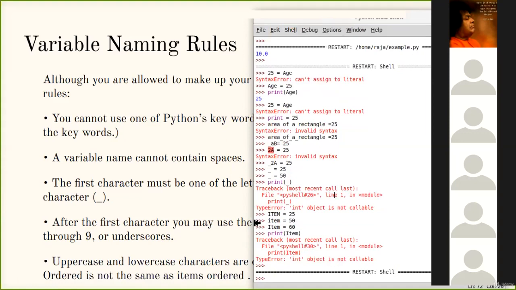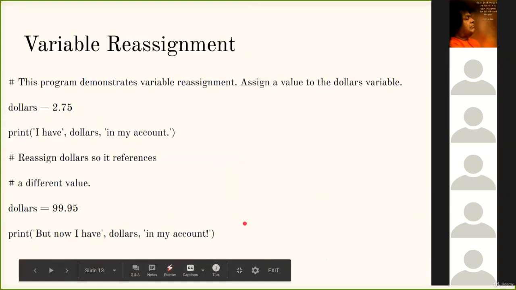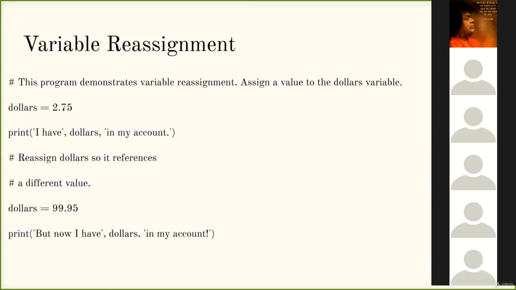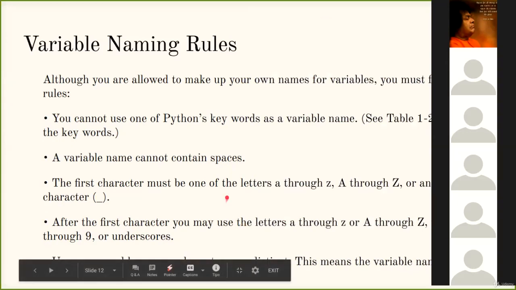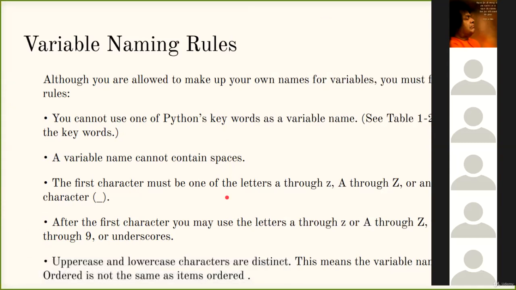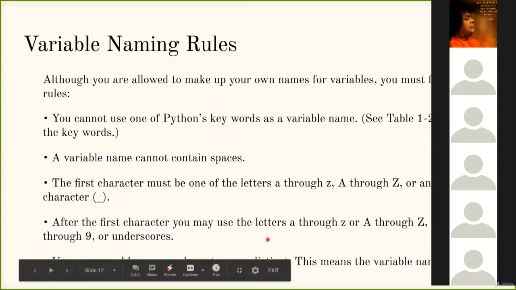So in this way it will throw an error, because I'm not trying to follow the rules, I'm trying to break the rules. That is why it will throw such kinds of errors. So you need to remember these types of rules.